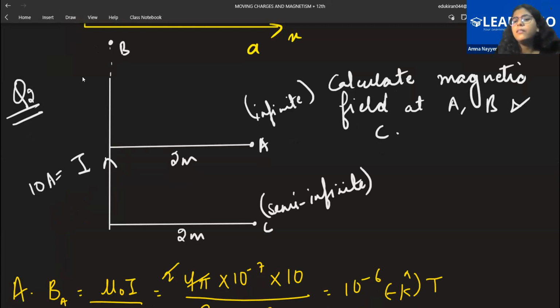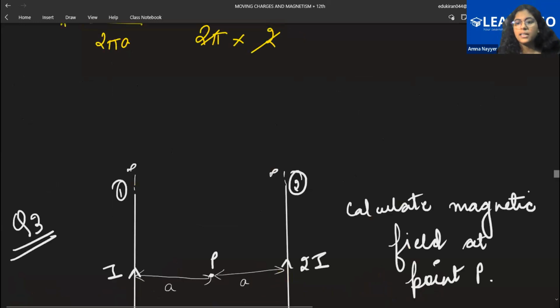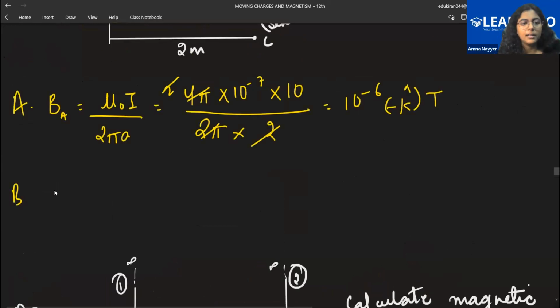Just have this very clearly in your mind. Do not waste your time in calculations, because the ultimate answer is 0. So the magnetic field for this B part is straight away 0.